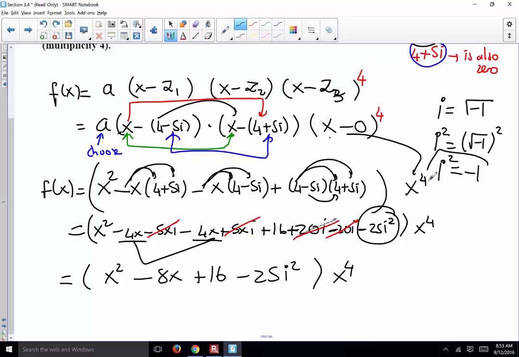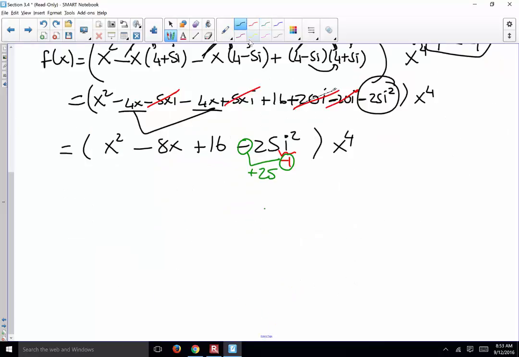So minus 25 times minus 1 is positive 25 when you multiply out. And add 16 to it, they make 41. I promised you we will have no imaginary numbers, and I kept my promise. It's 41, right?